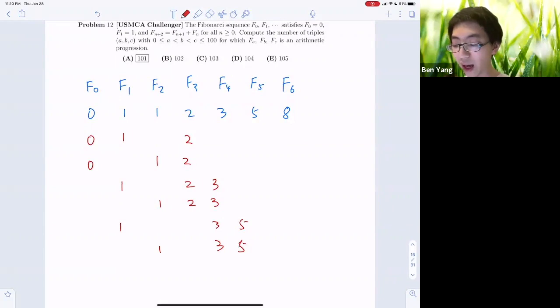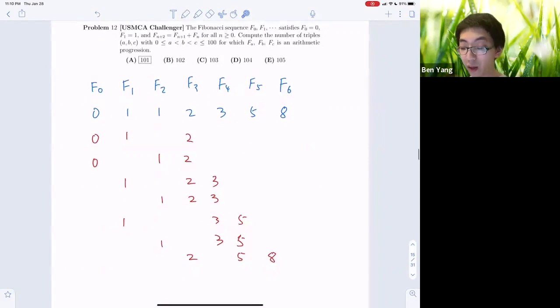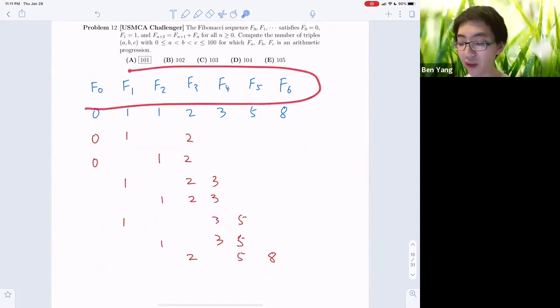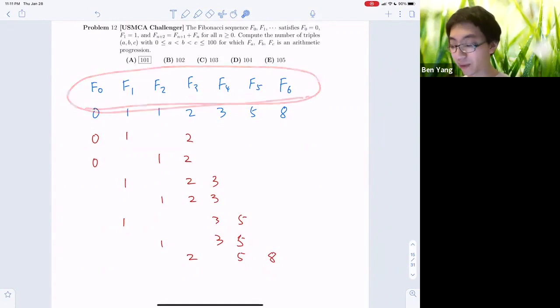And finally, we have 2, 5, 8. Okay, seems that's it. That's all the arithmetic progressions we have within the first 7 terms of the Fibonacci sequence.